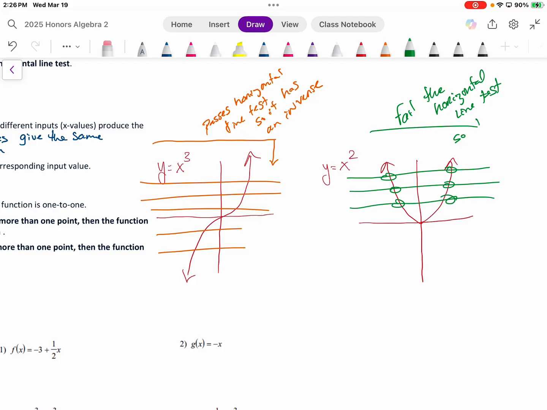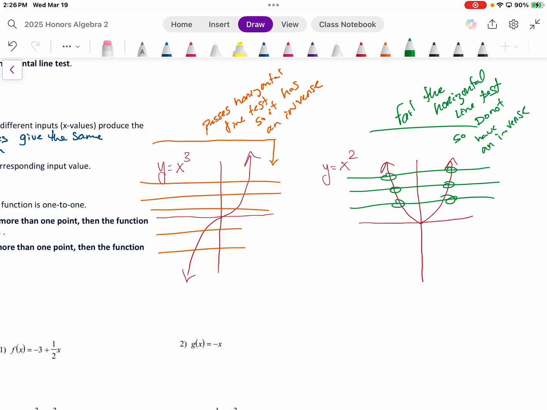So we do not have an inverse. And that's typically probably the easiest way to decide does something have an inverse or not, is to use the horizontal line test. That's usually the fastest way to go about doing it.